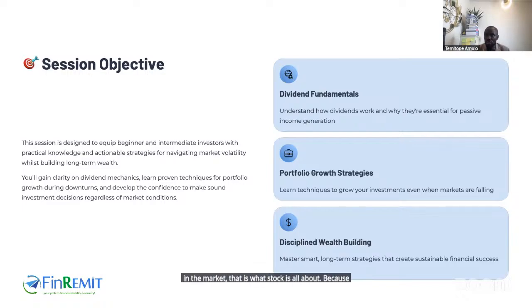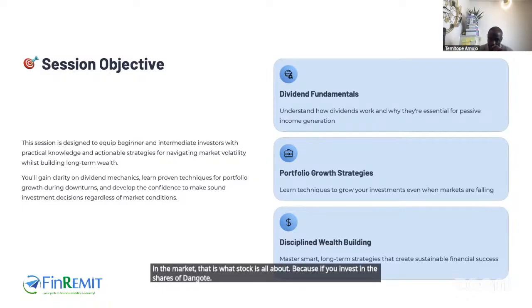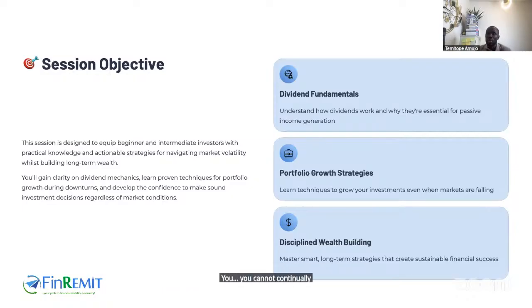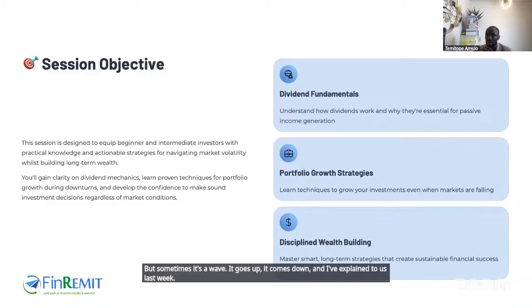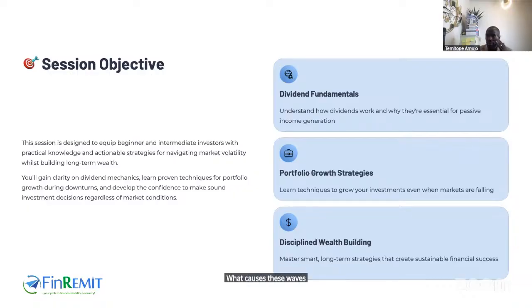Because if you invest in the shares of Dangote, for example, today, you cannot continually have an upward-trending share price for Dangote, but sometimes it's a wave. It goes up, it comes down, and I explained to us last week what causes these waves. It is the forces of demand and supply. It is fundamental issues like news and occurrences in the economy, and it also has to do with the technical pattern of how the stock is moving, because there are some people that watch that technical movement to make their decisions.